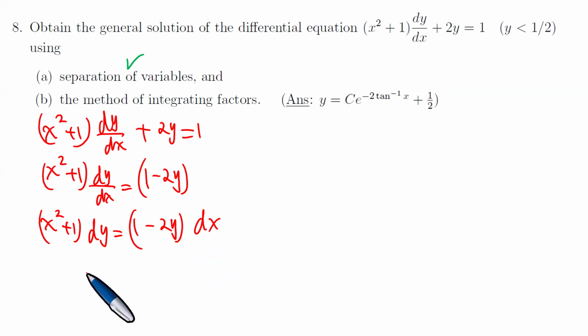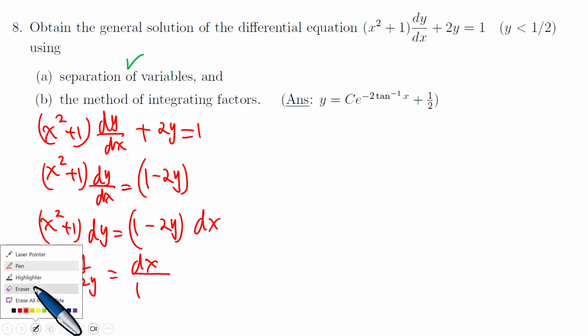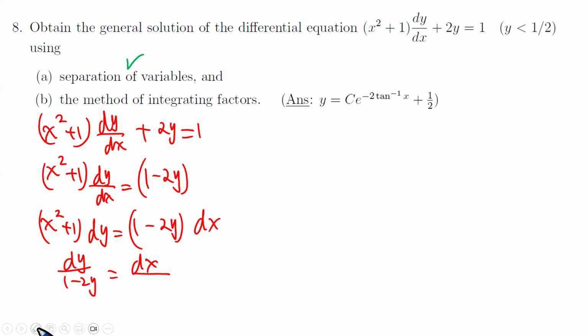So this one you can write as 1 over 1 minus 2y dy equals dx over x squared plus 1. It's exactly dx over x squared plus 1. So you can write it like this.